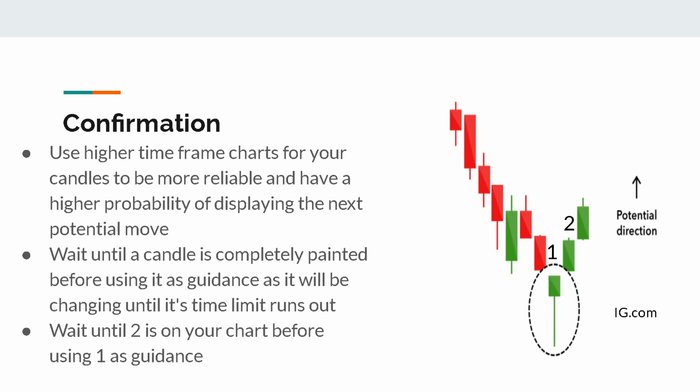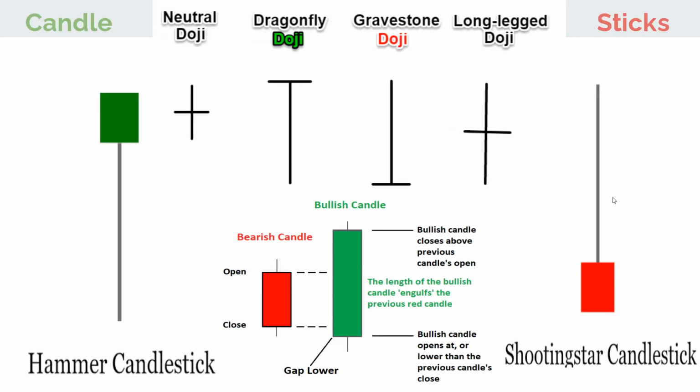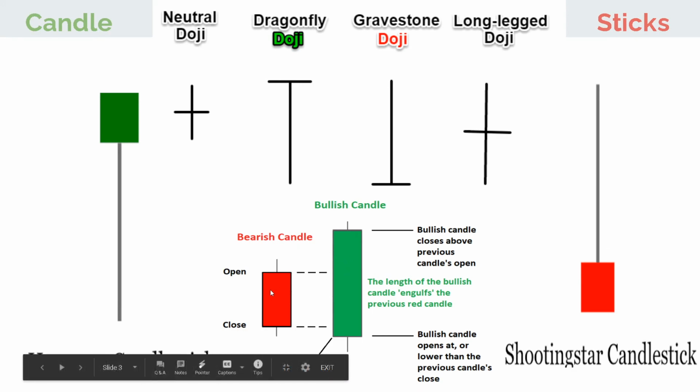Also, you want to wait until a candle is completely painted before trying to identify it, because things can change. You can see a bullish hammer, but eventually you can turn that into a bearish engulfing candle. Actually, let me go back real quick. I didn't talk about the bearish and bullish engulfing candles. Basically, these are candles where they pretty much engulfed the previous candle.